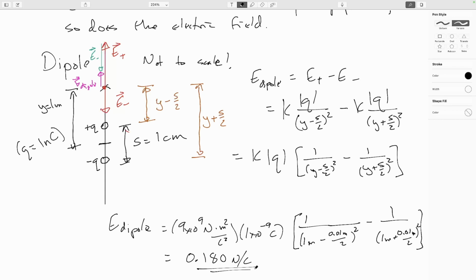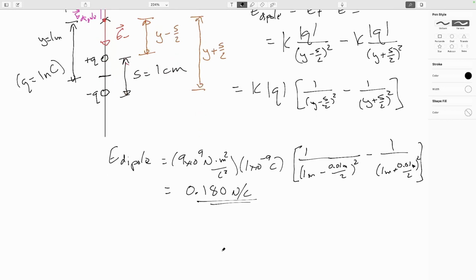Now, that is a decent amount. Certainly something you could measure, especially if you're using little bits of styrofoam or something like that. But for point of comparison, both E plus and E minus are roughly 9 newtons per coulomb.